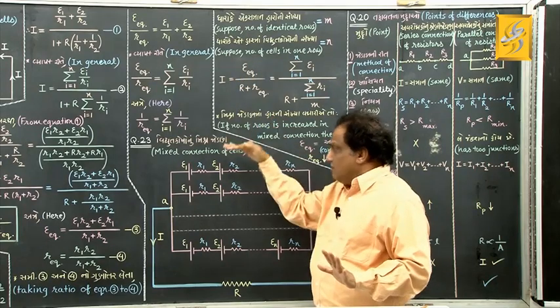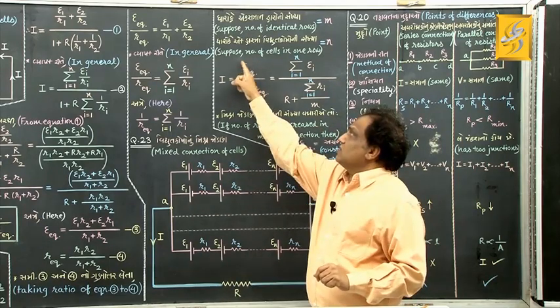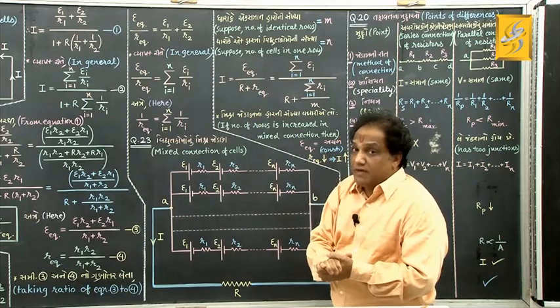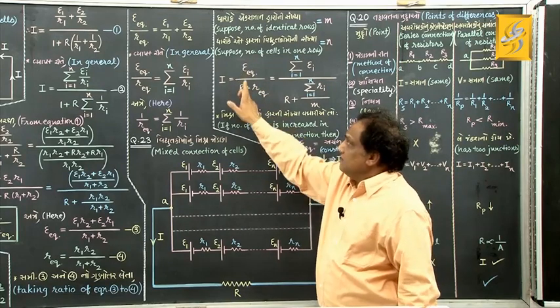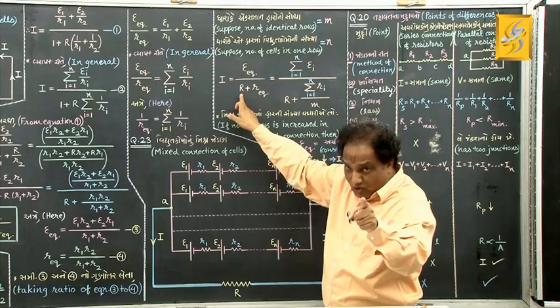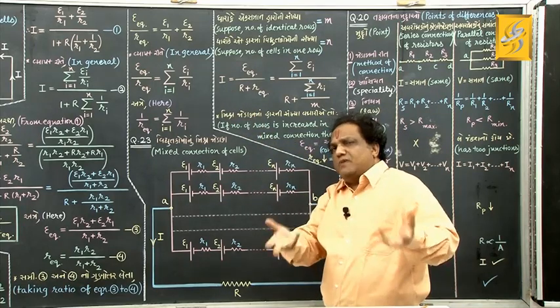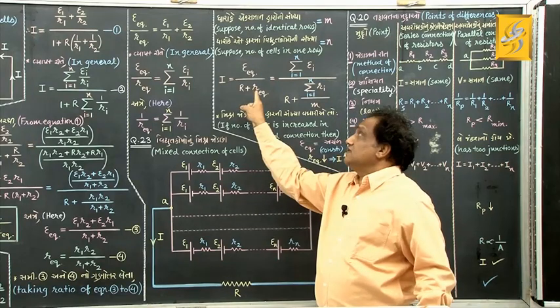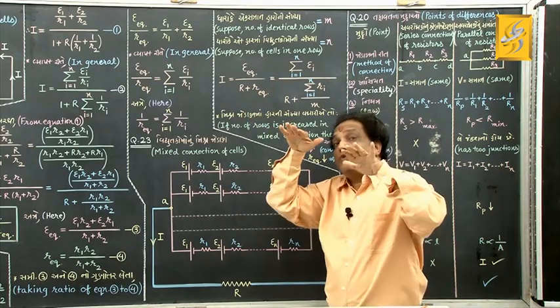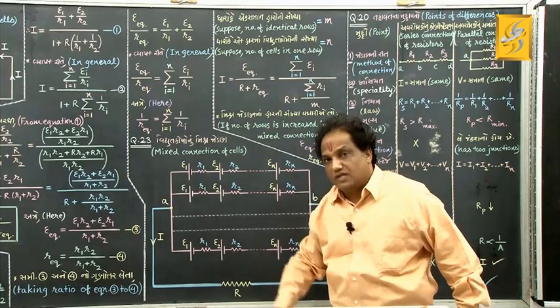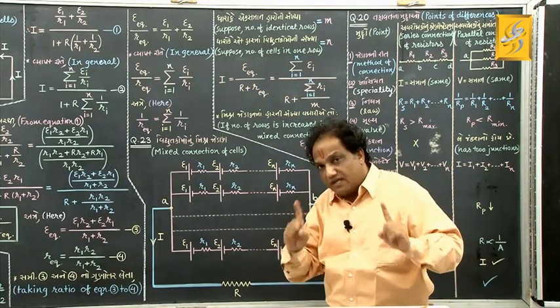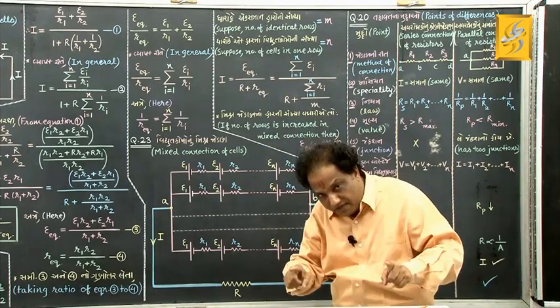Though we increase the number of identical rows, this remains constant, correct? Now tell me, this is constant, this external resistance is also constant, and still this current is increasing, then it must so happen that this equivalent internal resistance must be going on decreasing as you increase the number of rows. Yes, that is the proper reason.